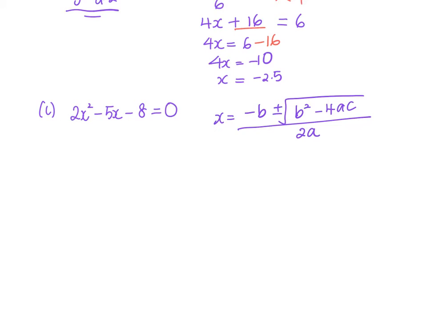Now let us identify the terms. What are the values for a, b, and c? Remember to include the sign. So a will be 2, negative 5 for b, and negative 8 for c. You are required to write the working. The working itself has marks, so you must fill in the working.